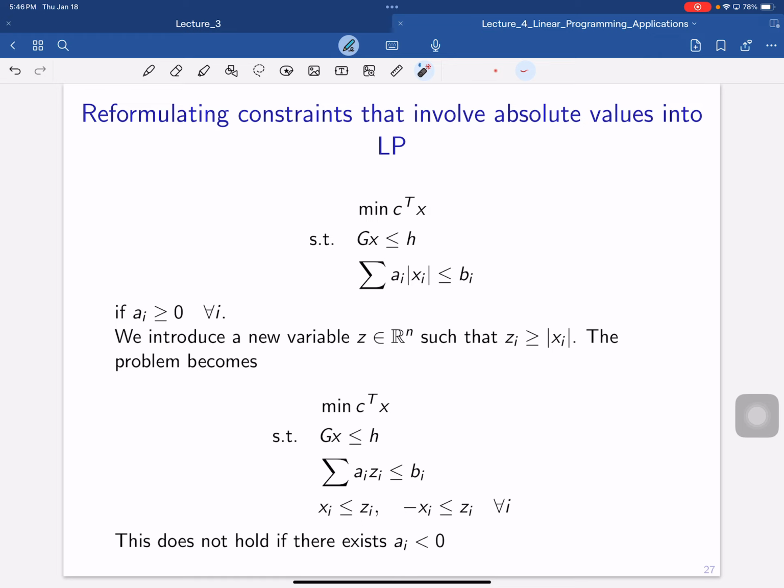This is linear programming representable. You can use a similar trick to introduce a variable z_i for each of the x_i's and make them greater than or equal to x_i and greater than or equal to minus x_i, and they sum up with the z_i. They have to be less than or equal to b.